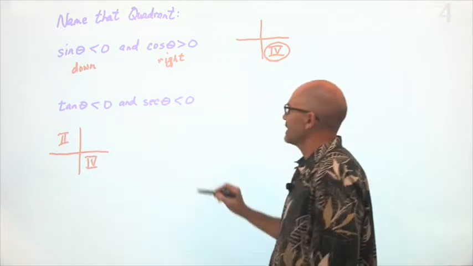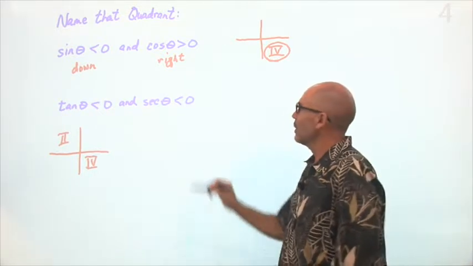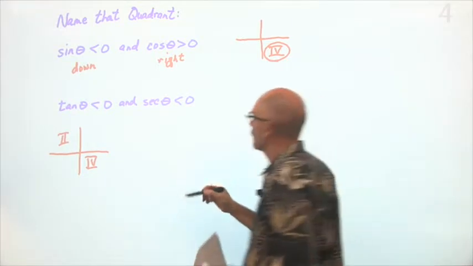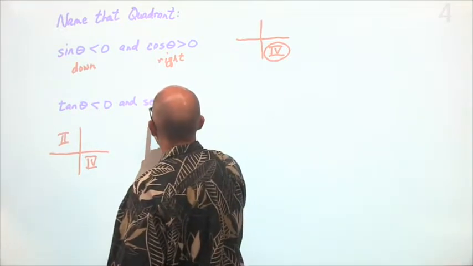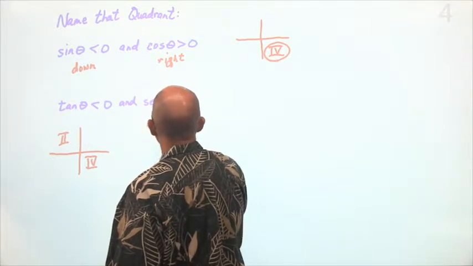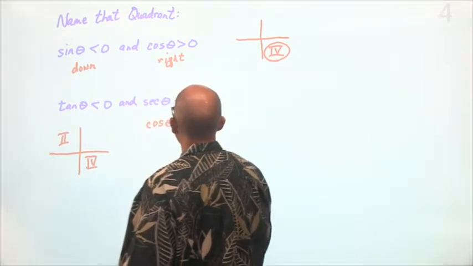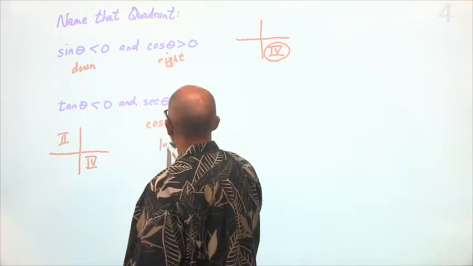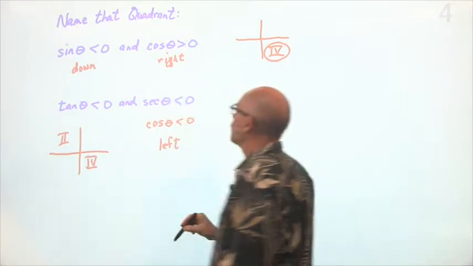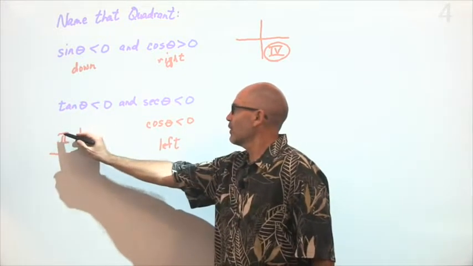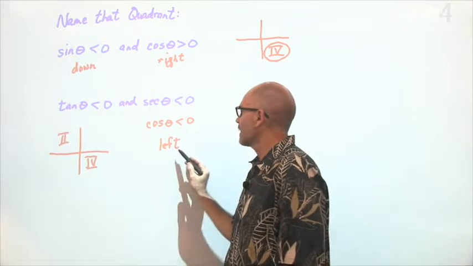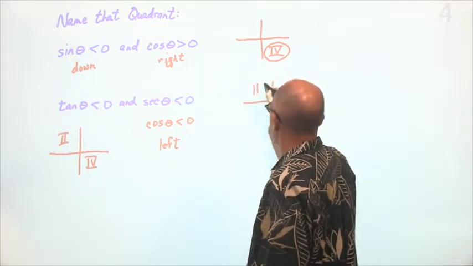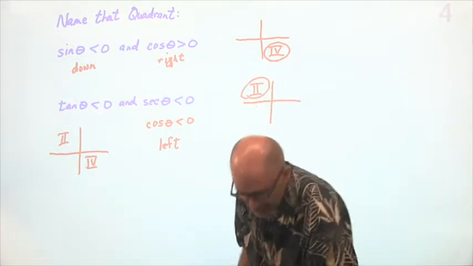Now, if secant is less than 0, well, secant is a reciprocal of cosine, right? So that means if secant's less than 0, then cosine is also less than 0. And if cosine's less than 0, then you have to be left. So you combine either 2 or 4 with left, and you know it's got to be 2. That's it.